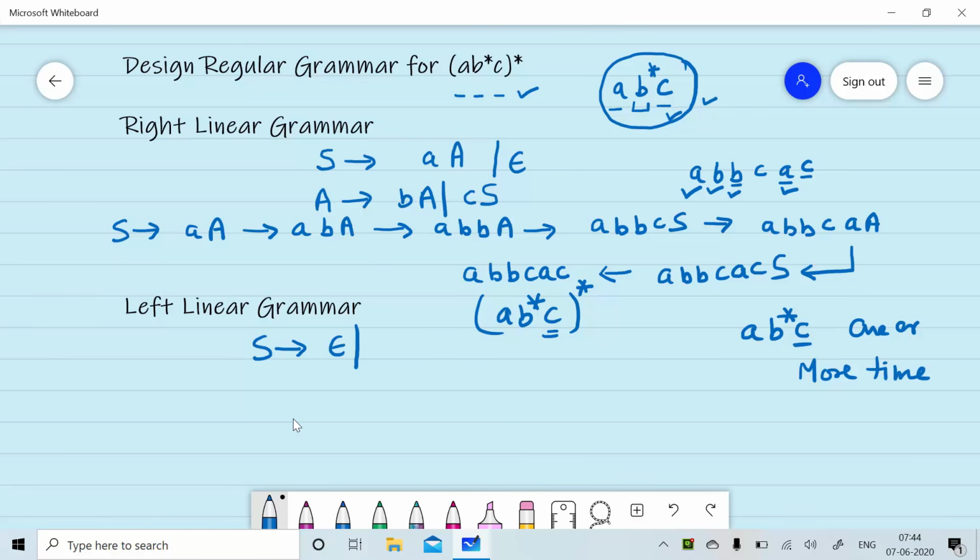But the rightmost symbol is c. So we can generate it using S → Ac. Then A can be used to generate a number of b, which is terminated by a, or the next occurrence of ab*c will occur. So we can write down SA.